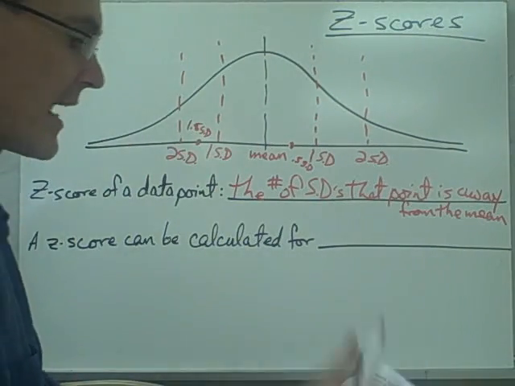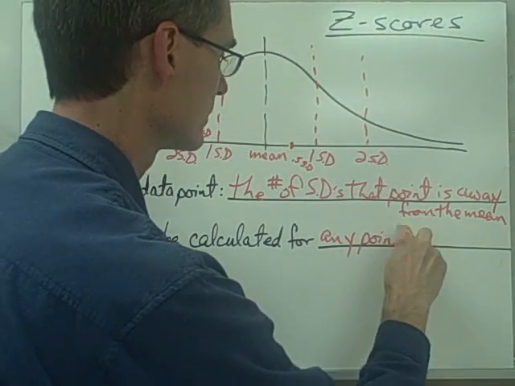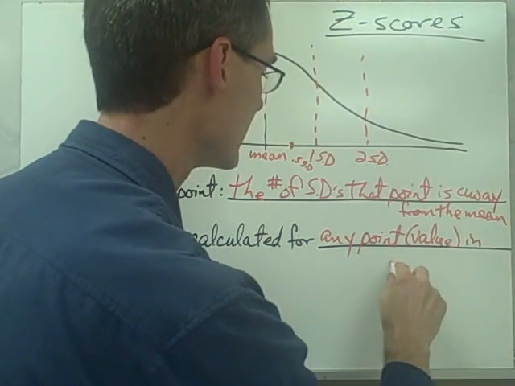And a z-score can be calculated for any point or any value in a data set.